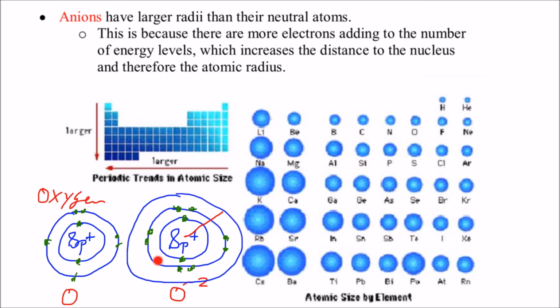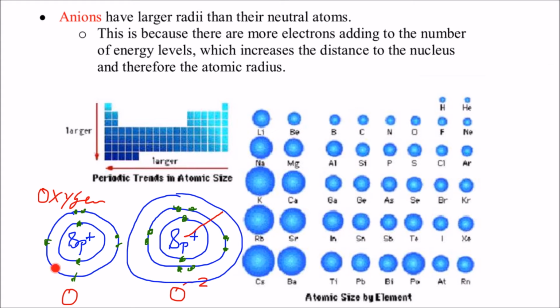Also, because we've added these extra electrons here, the number of electrons is actually more than the number of protons right now, which means that these 8 protons cannot pull on these 10 electrons very hard, and so these electrons are free to move away from the nucleus a little bit because they're stronger than the pull of these protons.